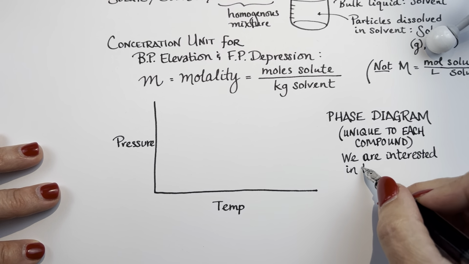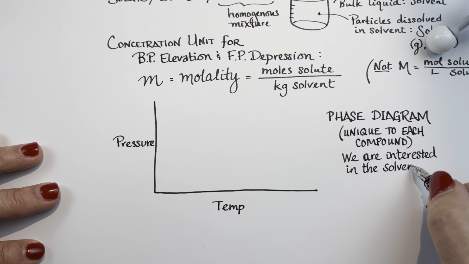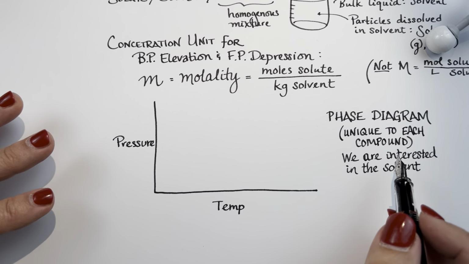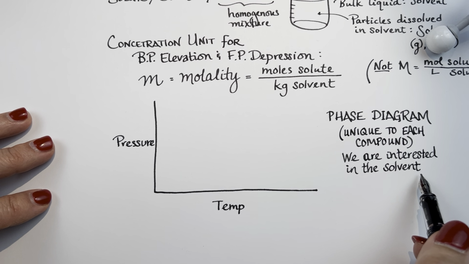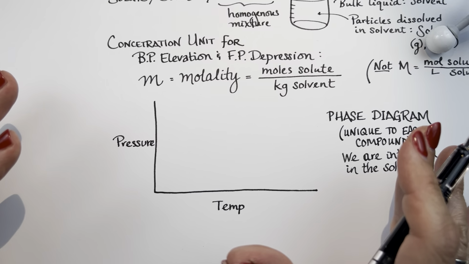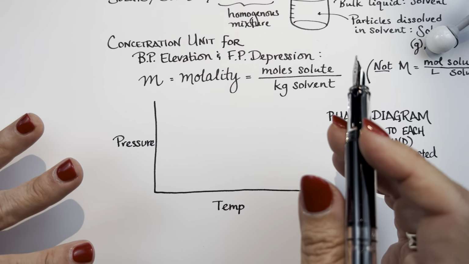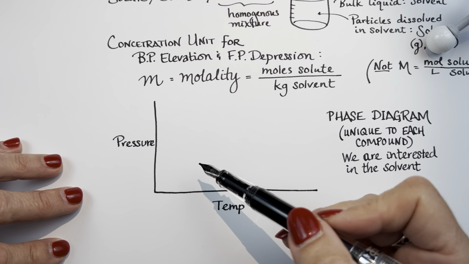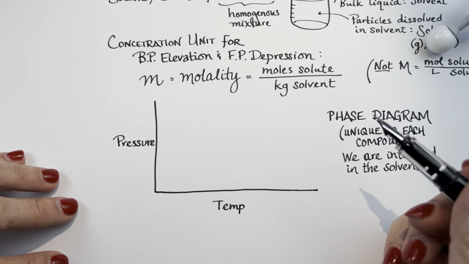Usually, if we're doing things in environmental chemistry or biological systems, the solvent is usually water, but it could be anything, right? So, very generally speaking, we have phase diagrams that look something like this.